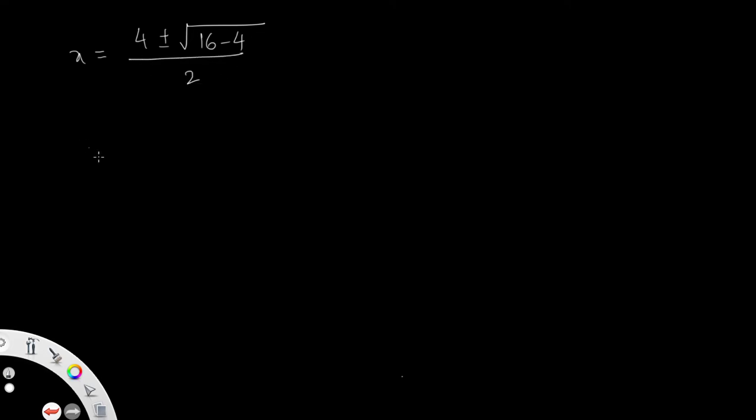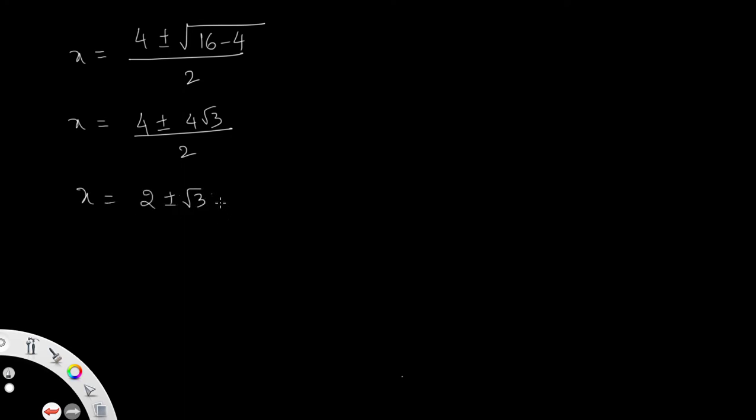So x equal to 4 plus or minus 4 root 3 divided by 2. Then x equal to 2 plus or minus root 3 is the root.